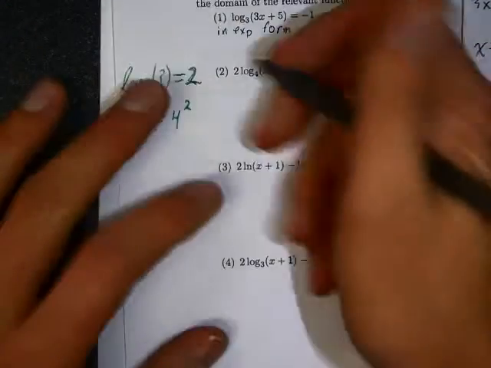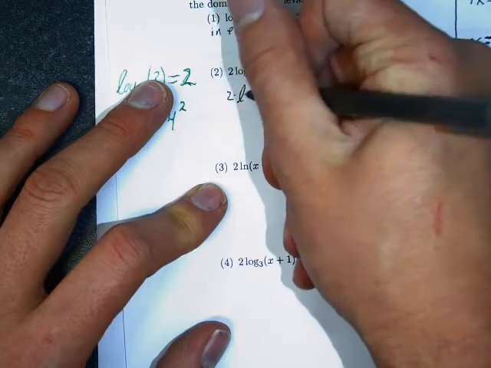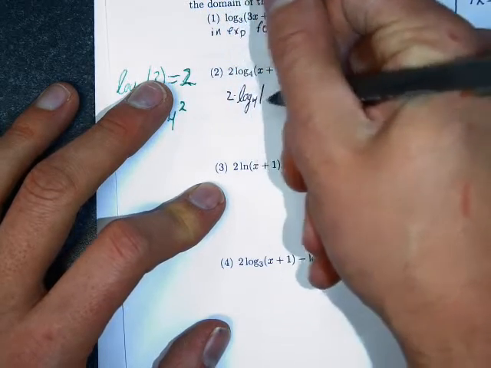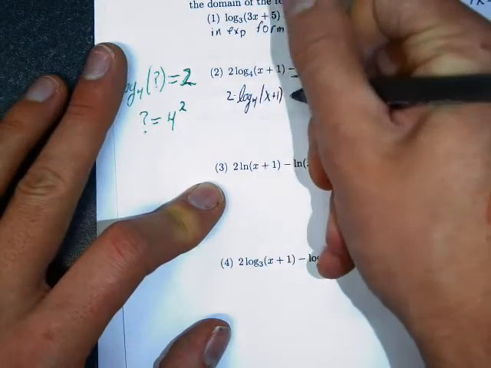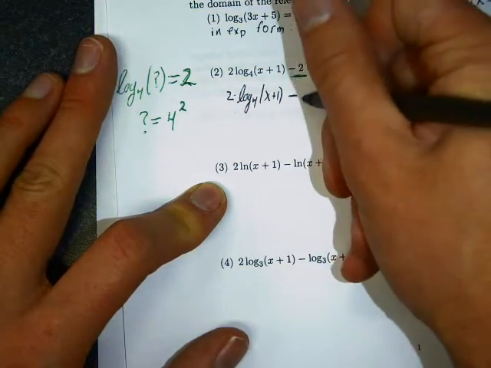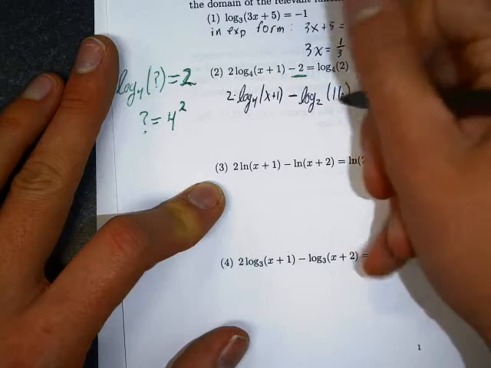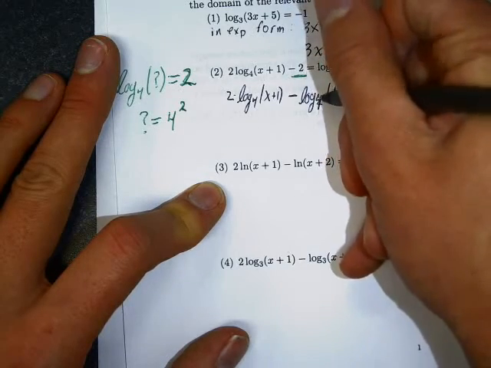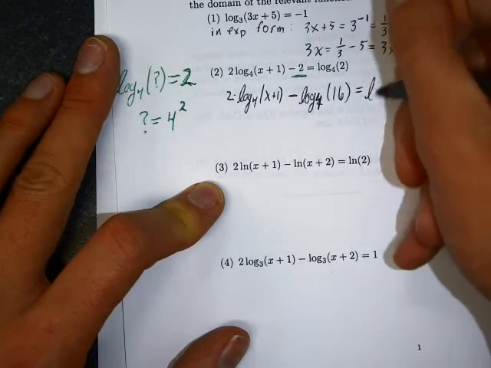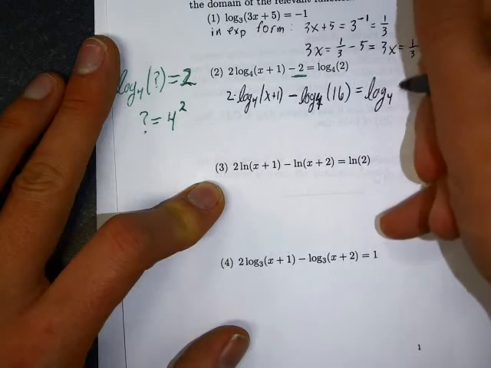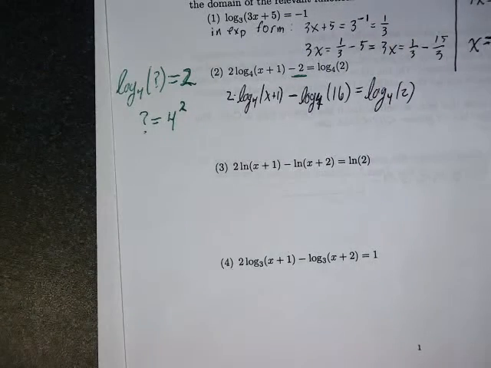So this becomes 2 times the log base 4 of x plus 1 minus the log base 4 of 16, it's all log base 4, equals log base 4 of 2. So now everything is at least log.